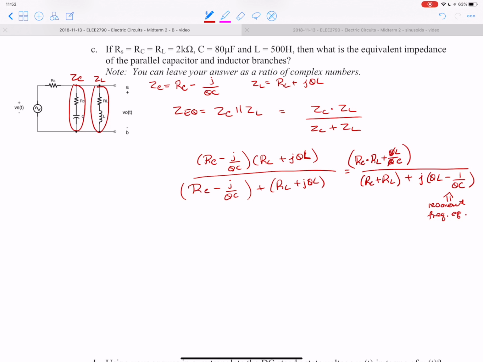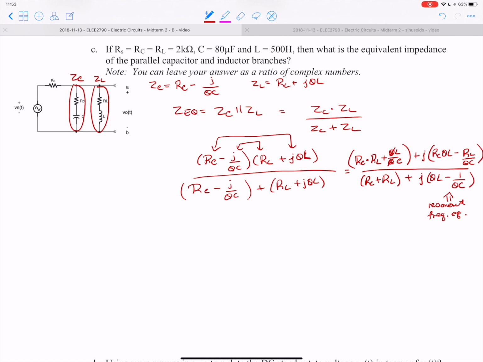And then we deal with the complex parts. These two multiply, and these two multiply. So let's add j, and then we're going to multiply the two parts. We have RC times omega L minus RL over omega C.